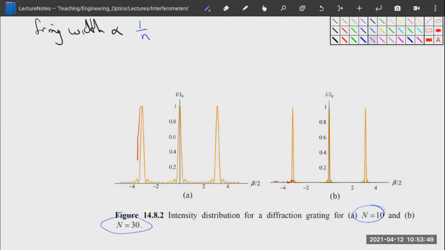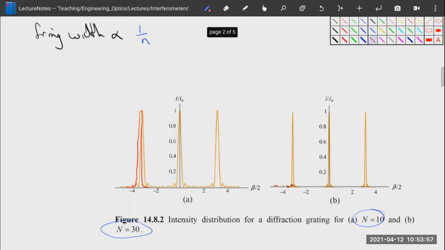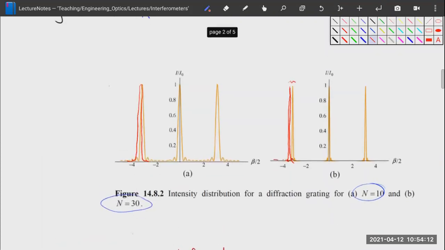These overlap, right? Over here with our 10 slits. But if we have the same spacing but with much narrower peaks, we can actually tell the difference between the two. We can actually resolve those two. So we want to use high numbers of slits in these diffraction gratings, but unfortunately we lose a lot of light.